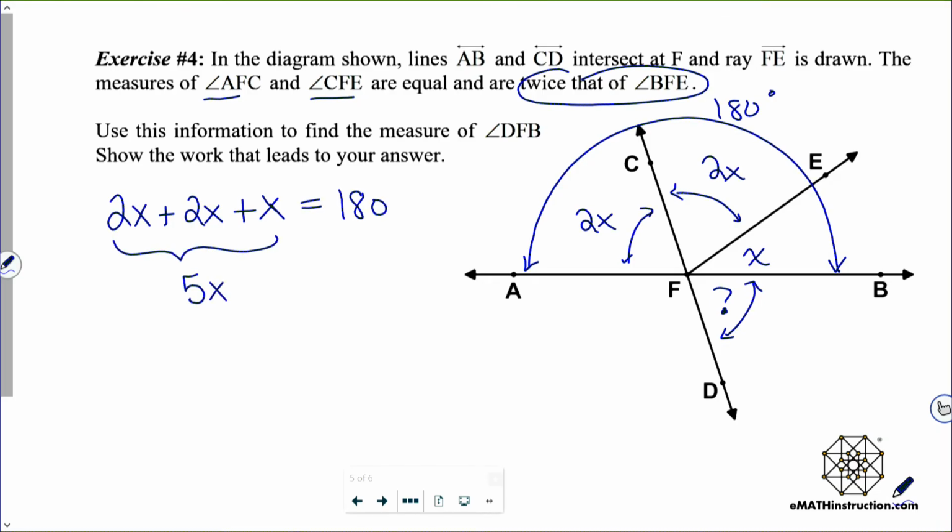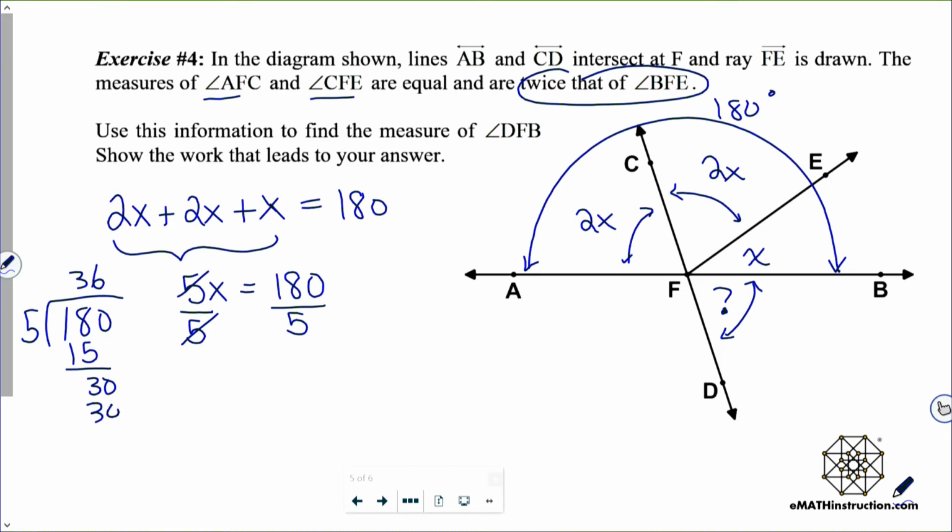That'll be 5x is equal to 180. Now I only have a one-step equation, pretty easy. I'm going to divide both sides by 5. Again, maybe over on the side of my paper, I do 180 divided by 5. I get 3, subtract, 3, 6, 30, 0. And I get x equals 36 degrees.